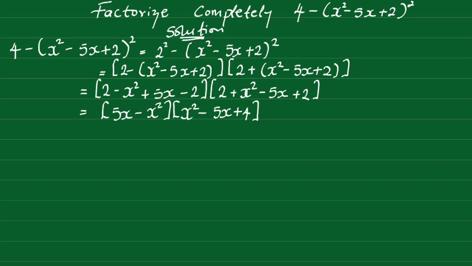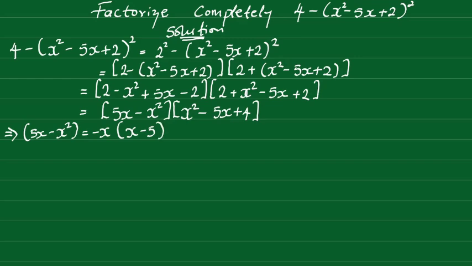Now we proceed by factorizing each bracket separately. Hence, from our first bracket, where we have 5x minus x squared, we factorize out minus x. Hence, we end up having minus x, bracket open, x minus 5.